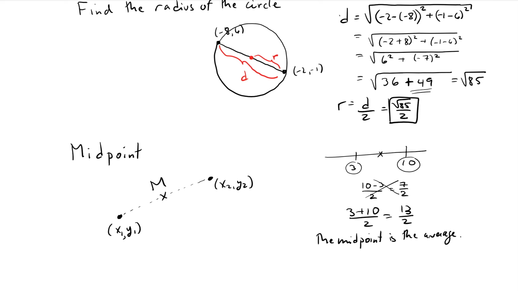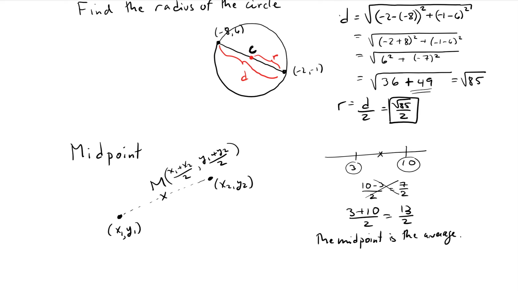Well, we can apply this to our points in 2 space. So the midpoint here will have coordinates that are the average of the x and y coordinates. So if I take the average of the x and the y coordinates, I get the coordinates of my midpoint. So let's use this to find the center.